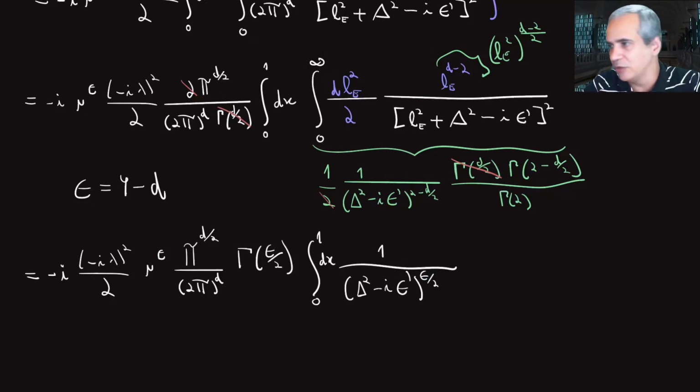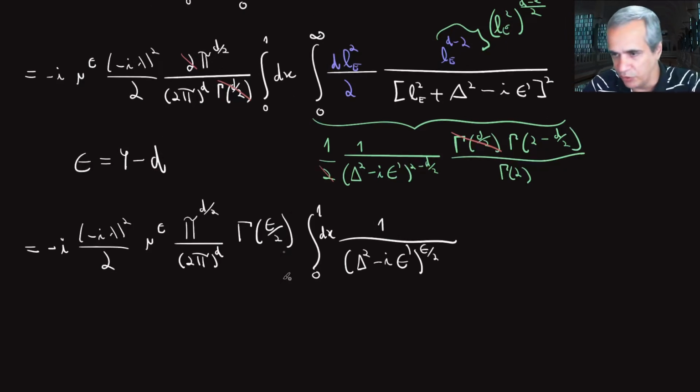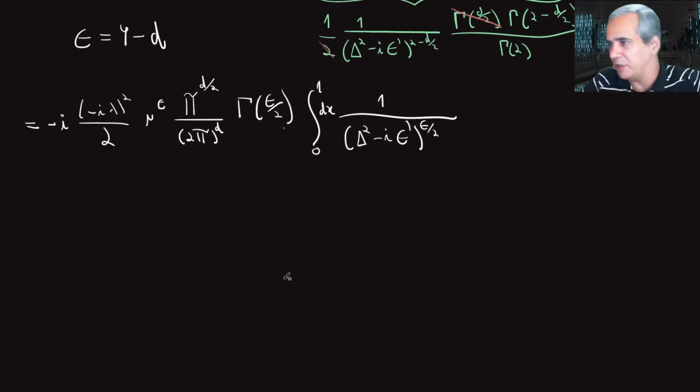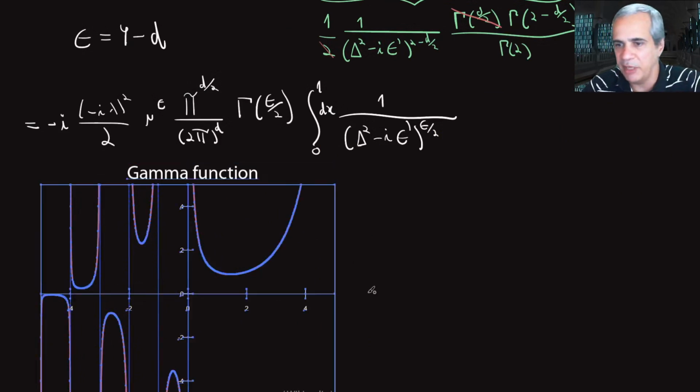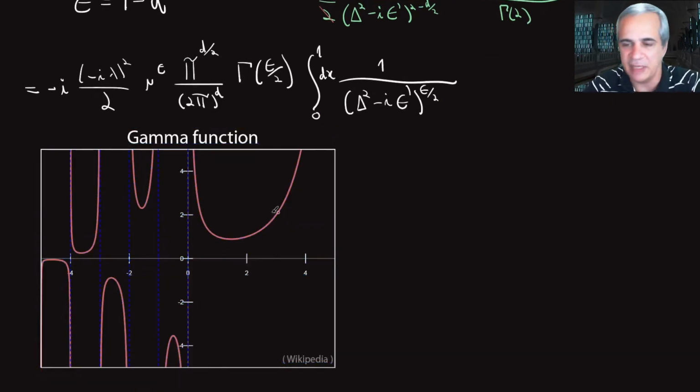And it's important to notice that our divergence is still here, right? In fact, it's now encoded in the poles of the gamma function. So this is a nice plot on Wikipedia, which reminds us of how the gamma function behaves. It's a function that is analytic everywhere in the complex plane, with the exception of 0 and the negative integers.